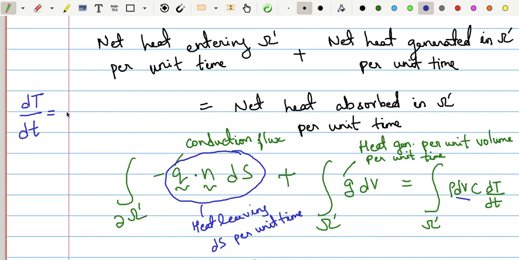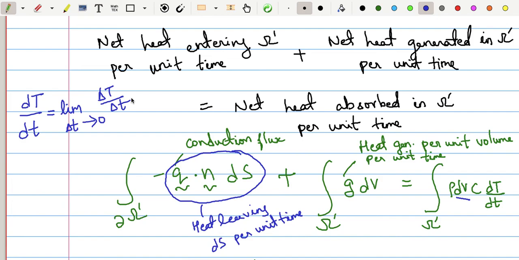So this is basically limit delta t tending to 0 of what? Change in temperature for the material divided by change in time, correct? This is the definition of material time derivative.